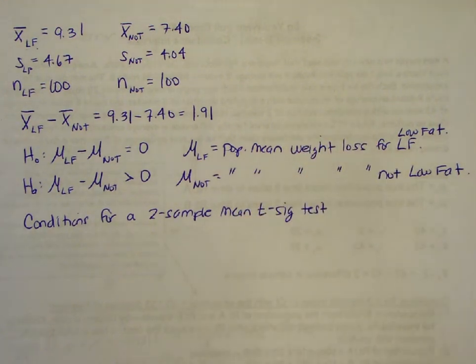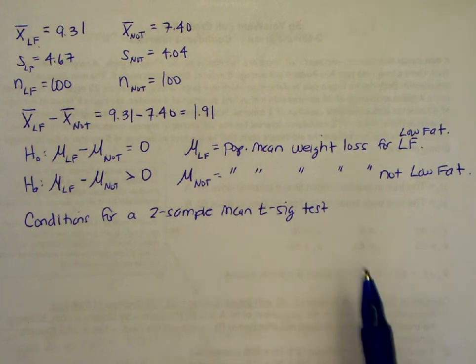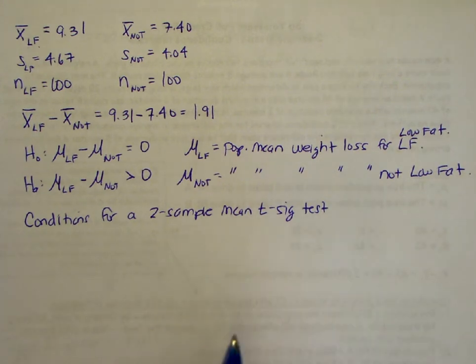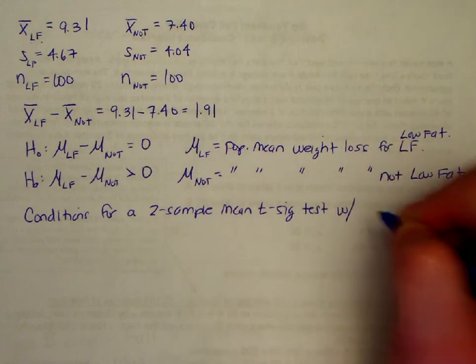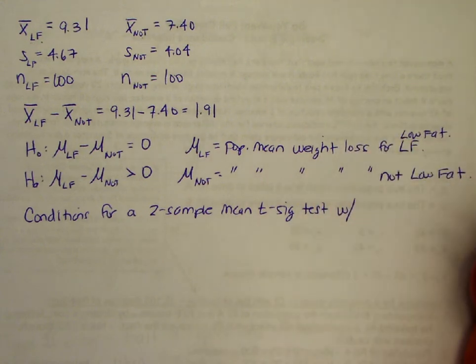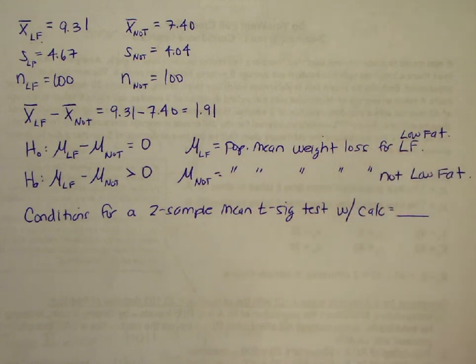And if you're on a mean problem and you don't know the population standard deviation of mean weight loss differences, which we don't, we are going to be using a T distribution. And again, we're just going to use the calculator degrees of freedom. It used to be n-1 if it was just one sample, but so we're going to use calculator equals, we'll fill that in later, degrees of freedom.